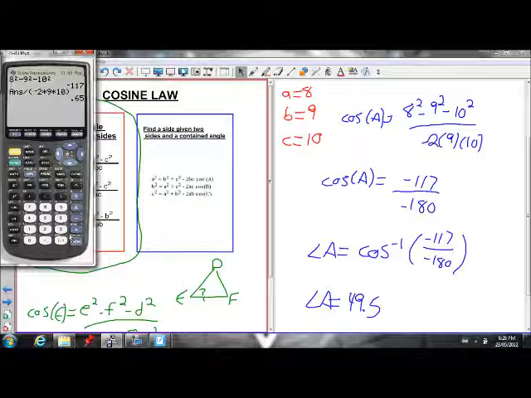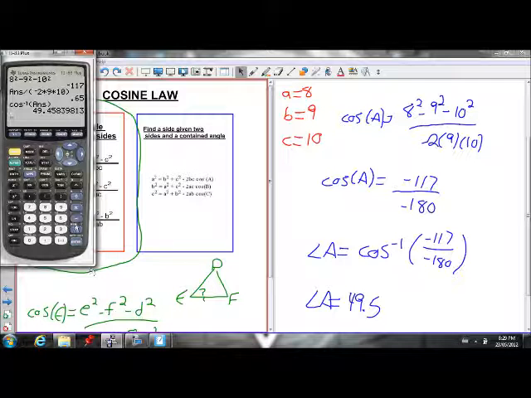We get 0.65. So that tells us that this whole ratio here is 0.65, and then to figure out the angle, we would do the second cosine of 0.65. Okay, -117 over -180 is 0.65. So do second cosine of that answer, and that is, once again, 49.5.